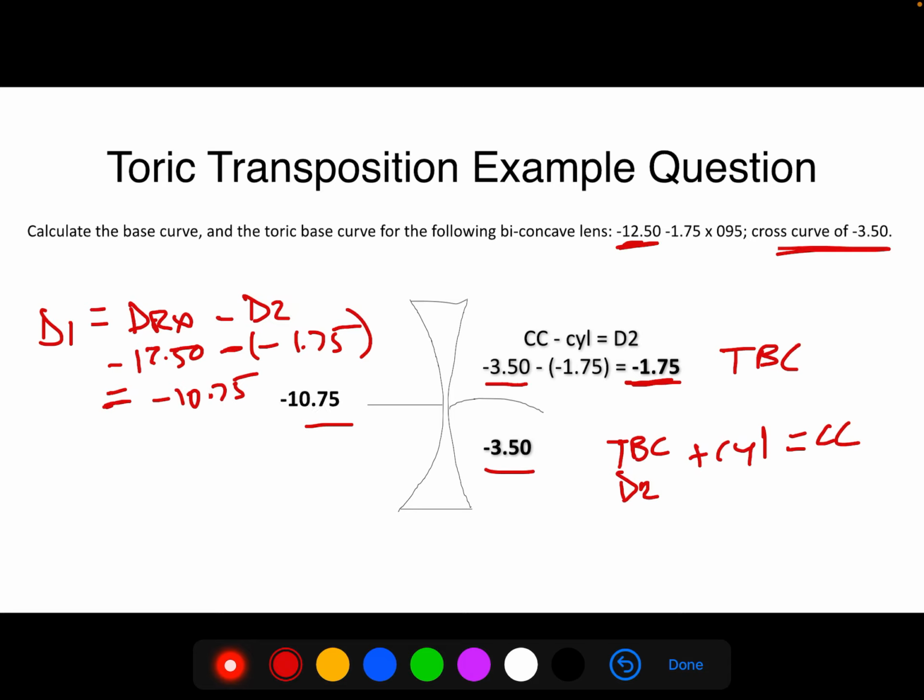So just an interesting approach to this type of question because we're going to start with a cross curve and essentially just work our way backwards. Don't be surprised if you see maybe one question like this on a practice quiz or the final.